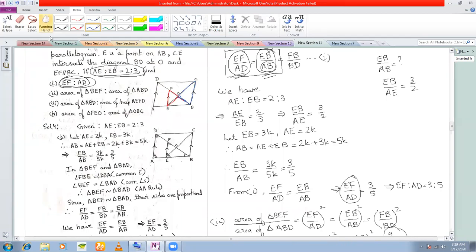Okay. And how do I prove similarity of this? First of all, in order to find the ratio of the areas, first I will have to prove similarity. Okay. Then only I can write the ratio of the areas. So these two are vertically opposite angles, and these two are alternate angles. Okay.